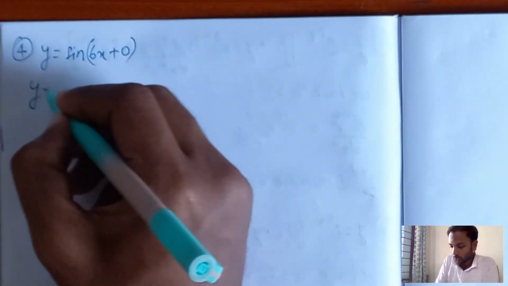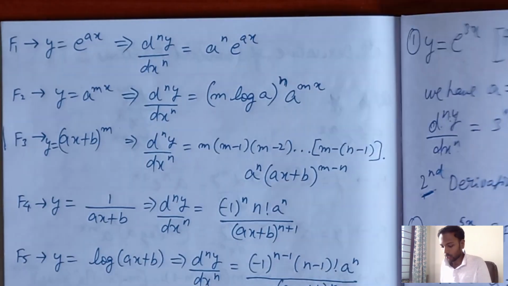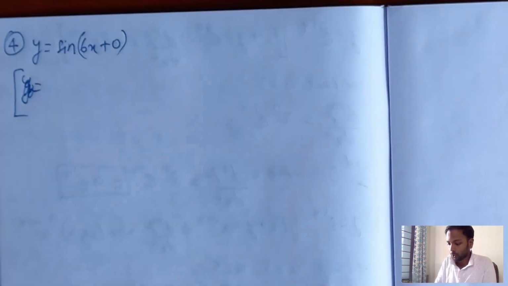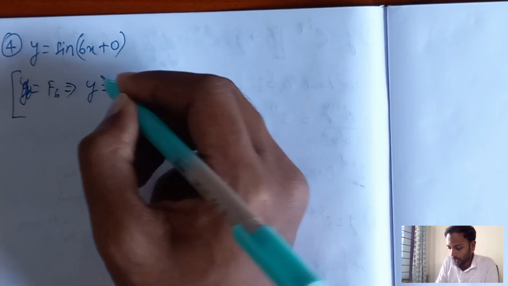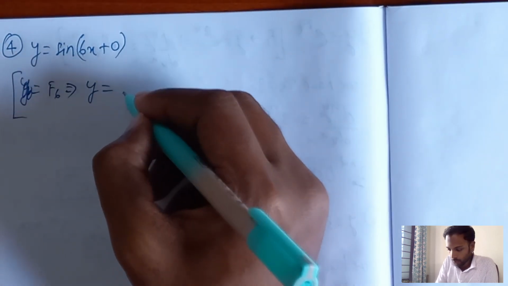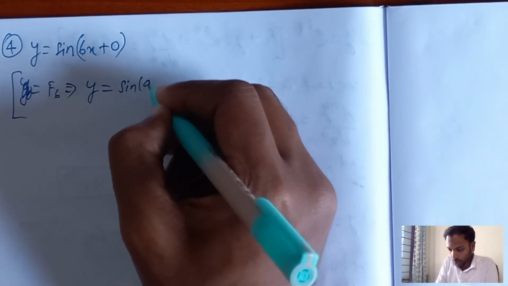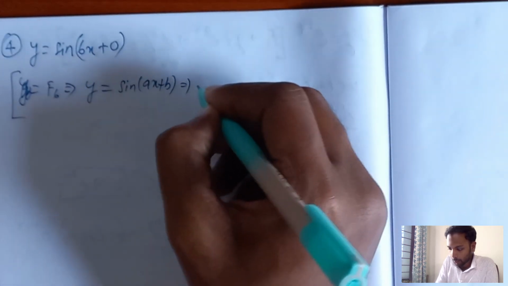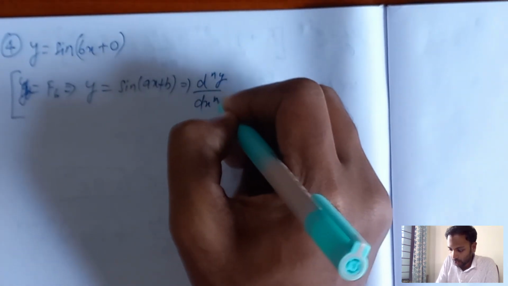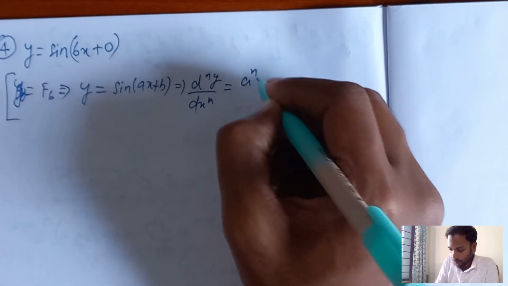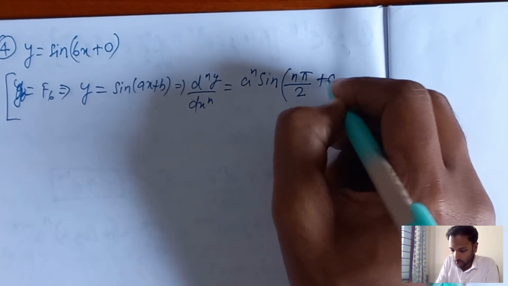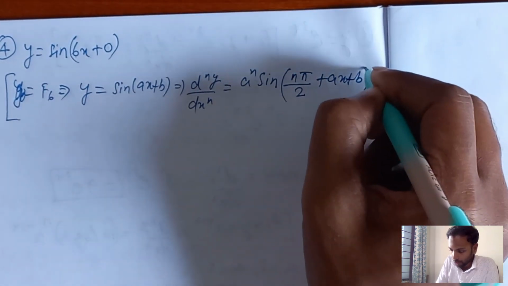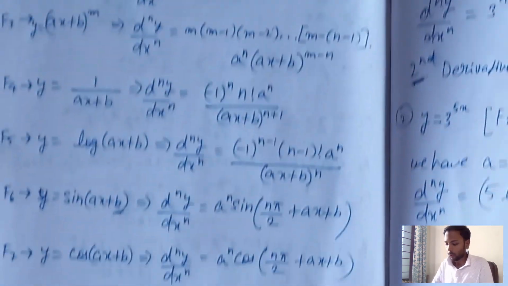Now, what does the formula say? By the way, that is the sixth formula. So F6 says that if y is equal to sine of ax plus b, then the nth derivative is a power n into sine of n pi by 2 plus ax plus b. I have just written the same formula over there to show you.